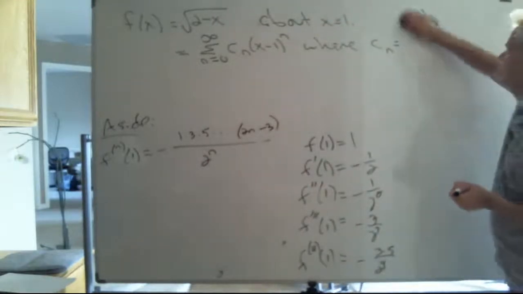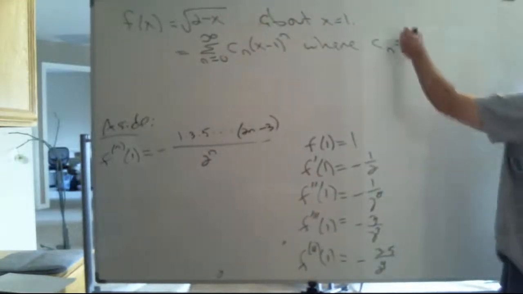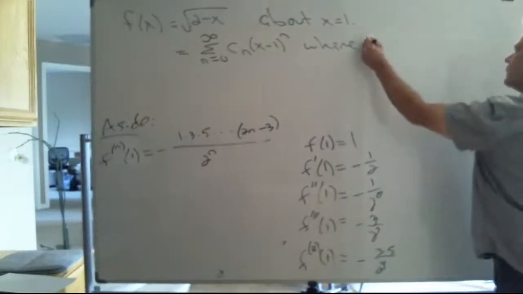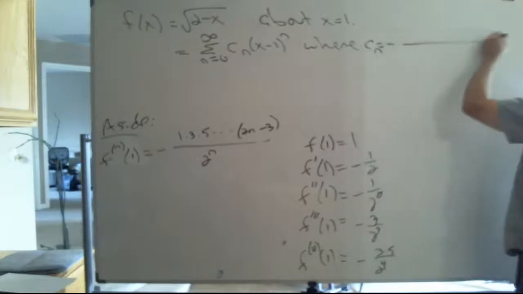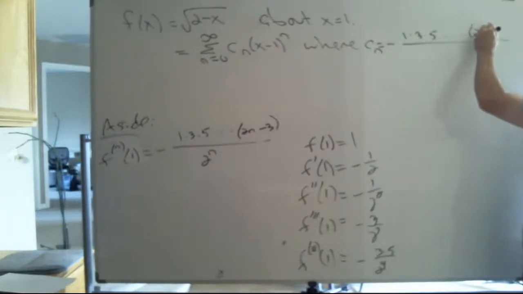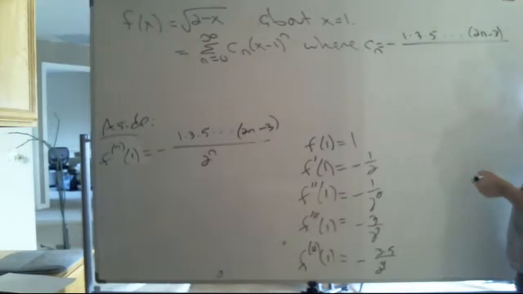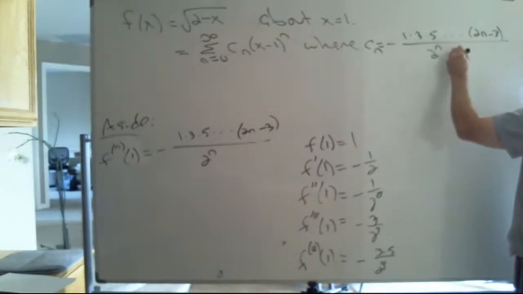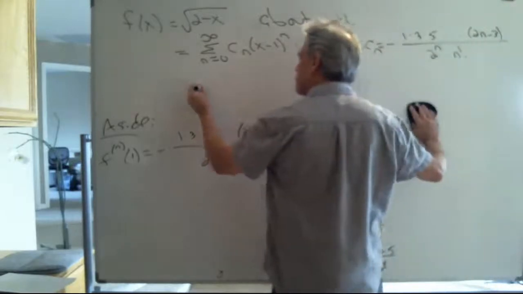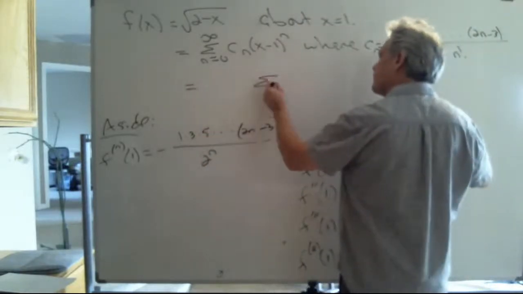And C sub n is certainly going to be that all over n factorial.